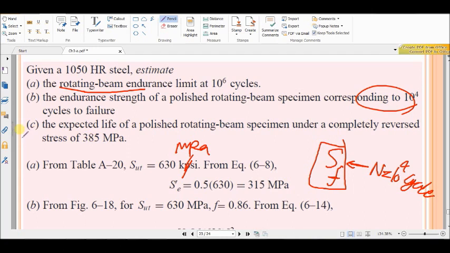How much is the expected life of a polished rotating beam specimen? That means again it is referring to a specimen under lab condition, a polished rotating beam specimen. Until now, we are not talking about the actual part in application. We are talking about the lab specimen under complete reverse stress of 385 megapascal.